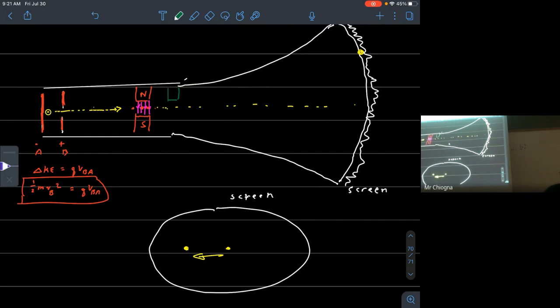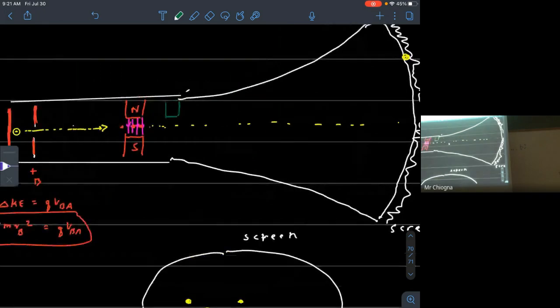So let's draw in the electric field. This would be a positive plate, and this would be a negative plate here. I'm going to erase the stream here because now we can see from the side profile what the electric field does.